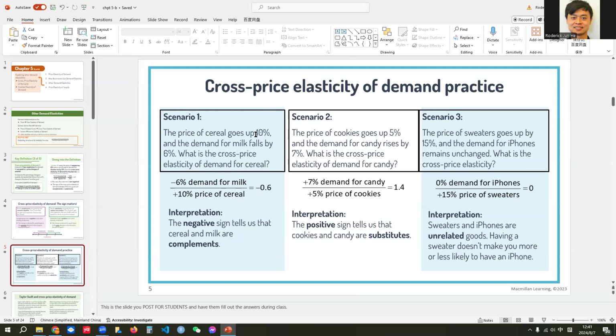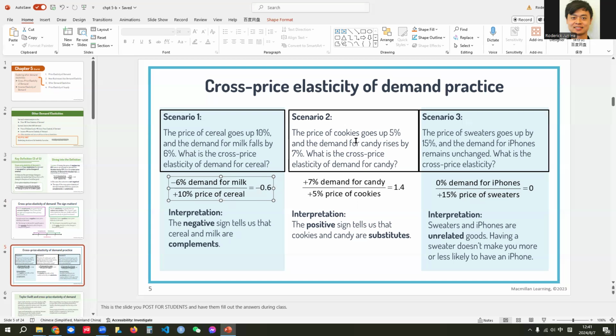So here it implicates that cereal and milk are complements. And this cross price elasticity is inelastic. So that means even if the price of cereals increases a lot, the demand for milk will decrease by only a little. It's not an influence for too much.